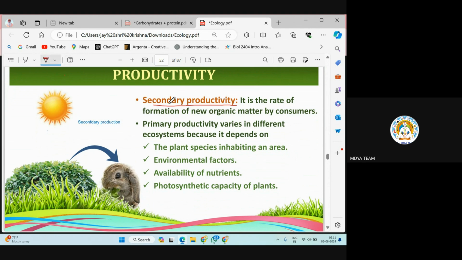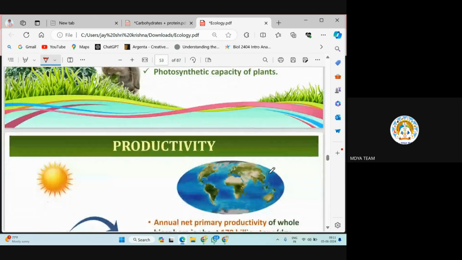And secondary productivity is the formation of new organic matter by consumers. We all are consumers, herbivores, carnivores. All the organic matter or biomass which we produce by taking food from the plant is known as secondary production.